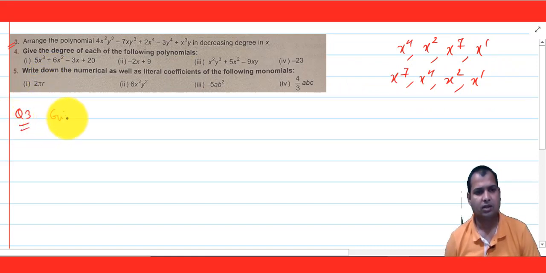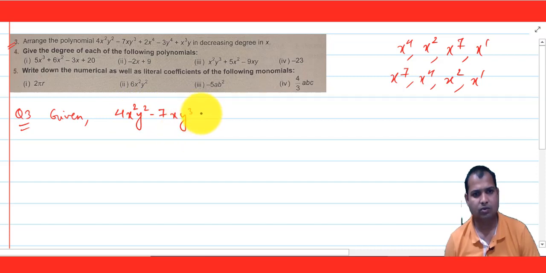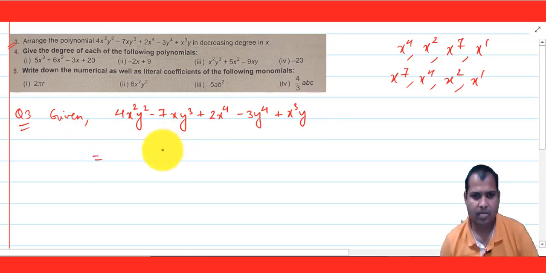Yes, so here question number 3 is given to us: 4x square y square minus 7y cube plus 2x to the power 4 minus 3y to the power 4 plus x cube y. Now what we'll do, we need to write the term which has got x and that also of highest power.